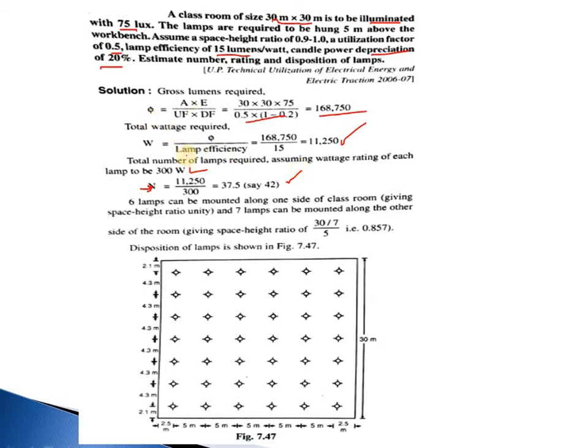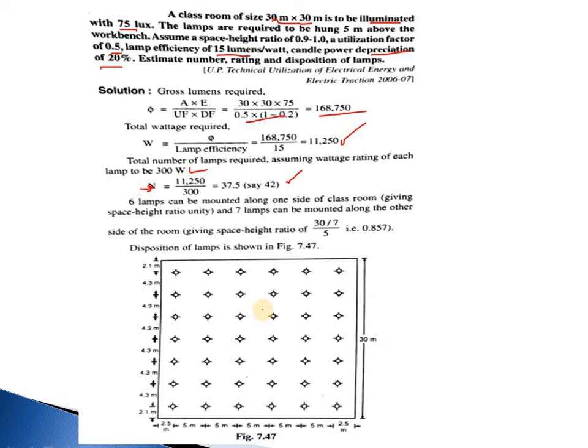This is the 30 by 30 rule, and we have to consider 3, 4, 5, 6, and in this way 3, 6, 7. That means here we have to take 6 lamps and here 7 lamps. In that way we have combined the lamps in the classroom.